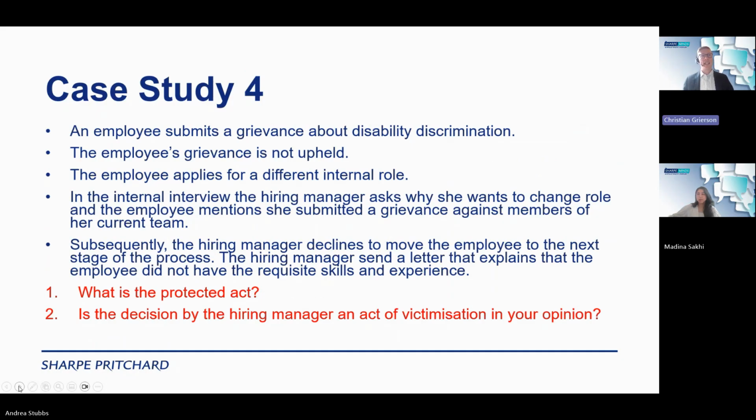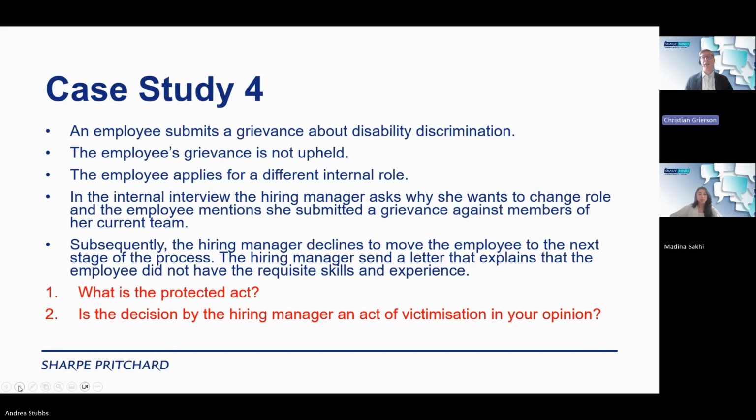So in this case study, an employee submits a grievance about disability discrimination. The employee's grievance is not upheld. The employee applies for a different internal role. In the internal interview, the hiring manager asks why she wants to change role, and the employee mentions she submitted a grievance against members of her current team.